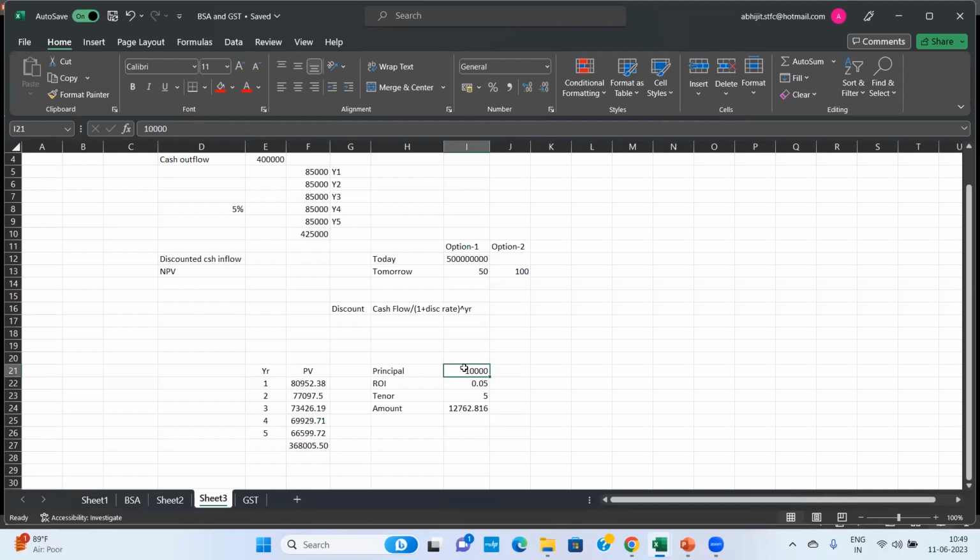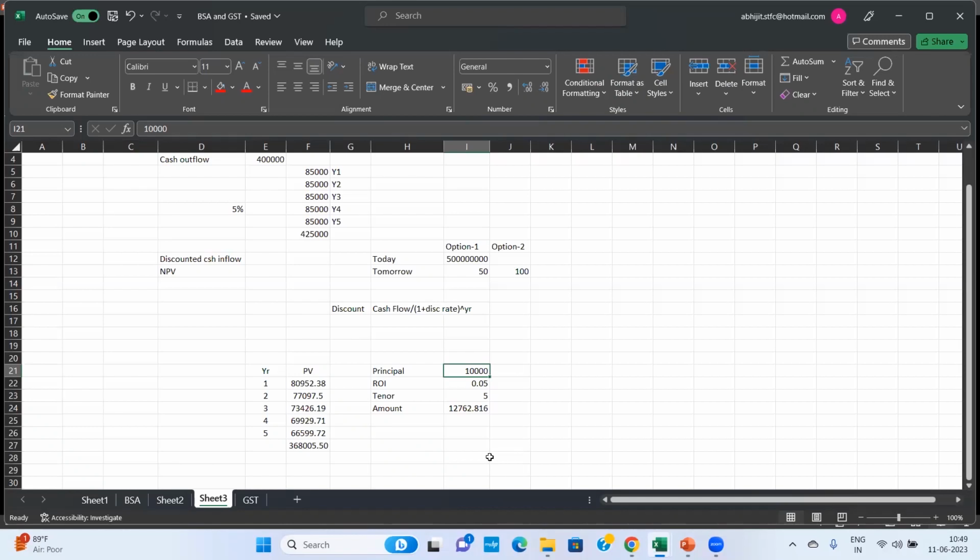Yes, Rajesh, what is your doubt? Please tell me. What is the meaning? I didn't get it. What is your doubt? May I know your doubt exactly? How to interpret, what to interpret? It is discounted cash flow we are taking out.